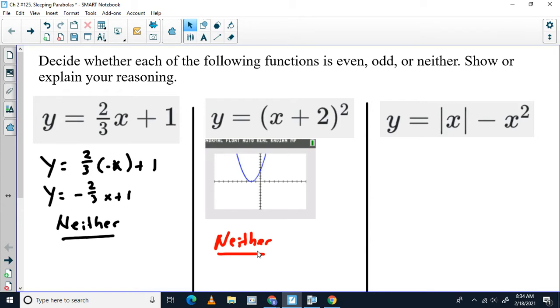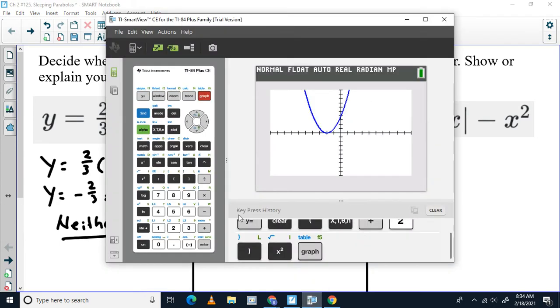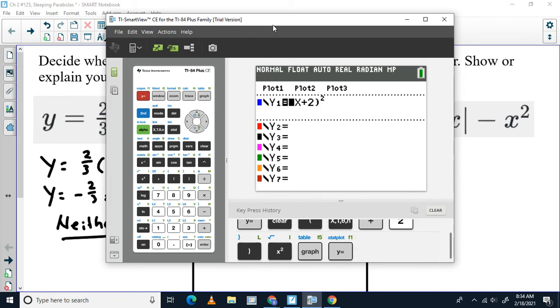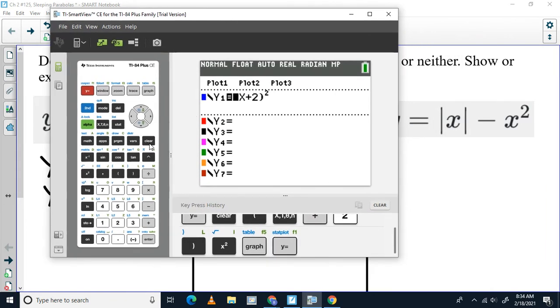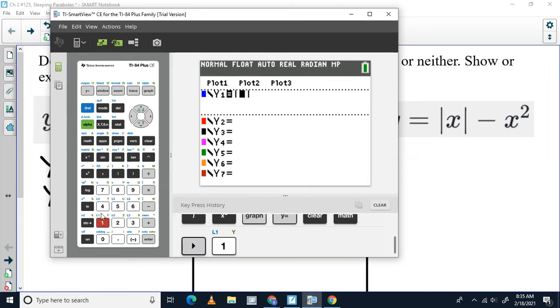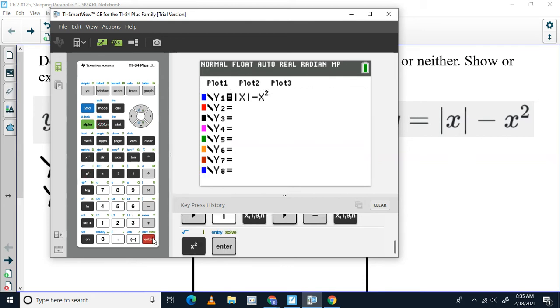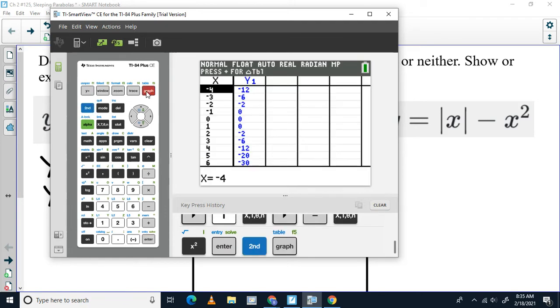All right, the last thing I can do to check to see if I have an even, an odd, or neither function is maybe the easiest way. So let's take this last equation, the one that has the absolute value of x minus x squared. Another way I can check it is I can look in the table of values. And when I look in my table of values, what I'm going to look for is what's happening when I have an input that's negative versus when the input's positive.